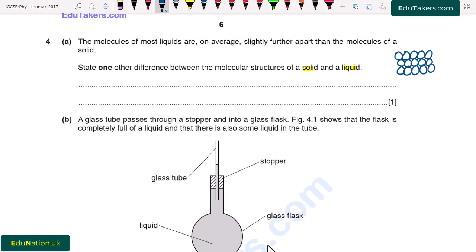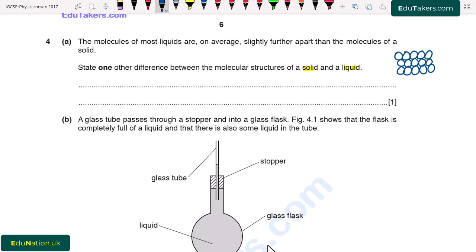So we can see here that the molecules of solid are arranged in the form of a lattice and the molecules of liquid do not form a lattice because there is a large spacing between their molecules.